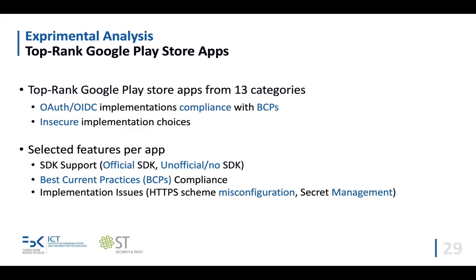For each app we checked their SDK support: whether they are using an official SDK, an unofficial one, or they built the flow from scratch. Then we checked if they are compliant with best current practices for native apps. In the context of implementation issues, we checked if they are using the HTTP scheme or app link correctly, and how they manage the secret if it is needed.